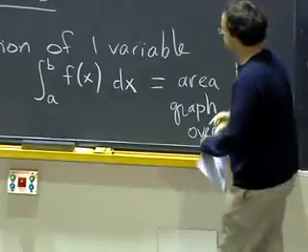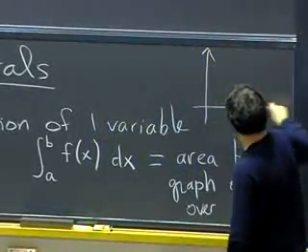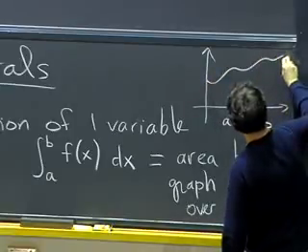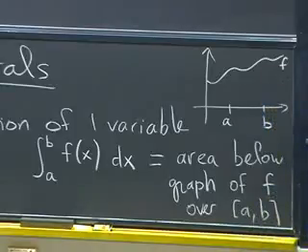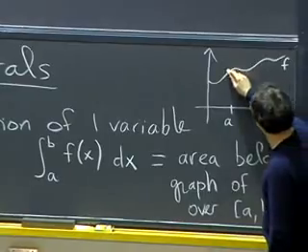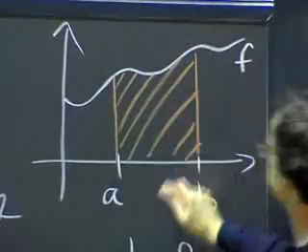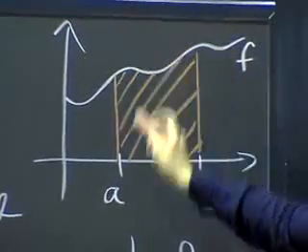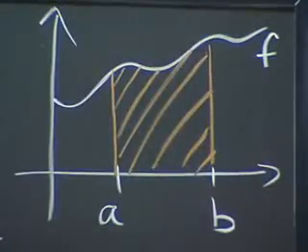So the picture is something like this: you have a, you have b, you have the graph of f, and what the integral measures is the area of this region. Of course, if f is positive, that's what happens. If f is negative, then we count negatively the area below the x-axis.